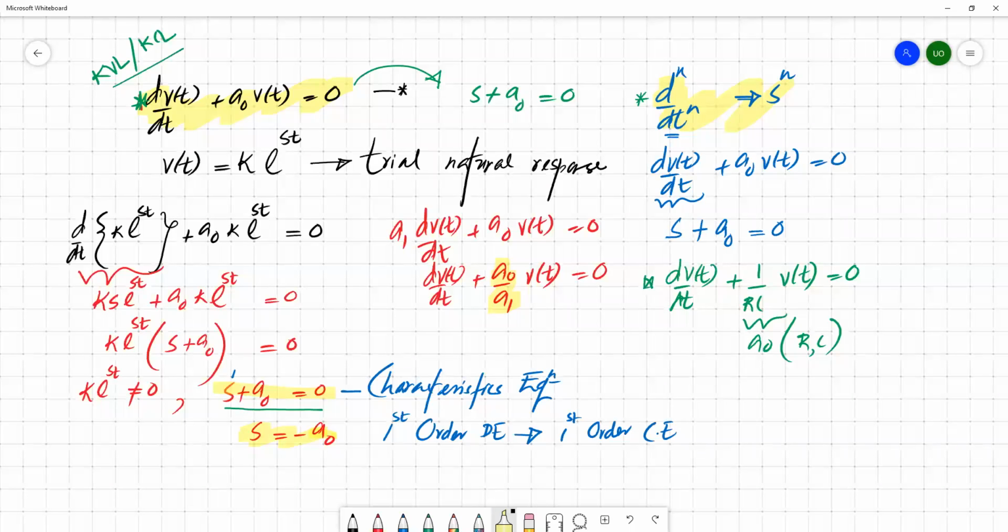We started with a trial natural response as an exponential term, so k e to the power st. K is a constant and s is also a constant, which is the exponent of the trial solution. So from this we can easily get the exponent. This is the exponent of the response.